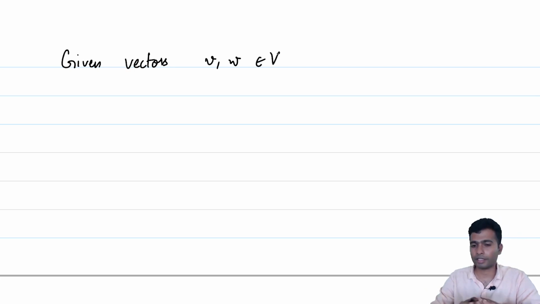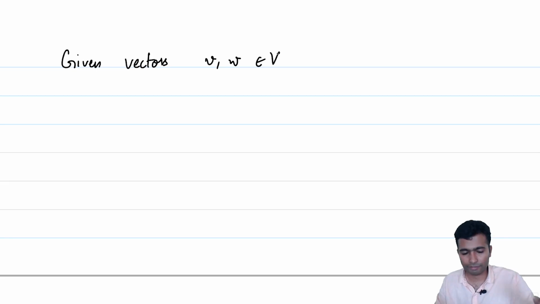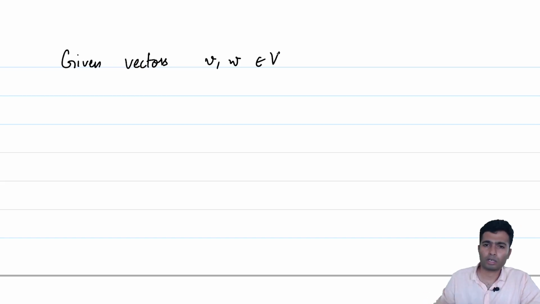V is an inner product space, so I will stop writing that. All these results can be said over real or complex inner product spaces. All through this lecture, V is always going to be an inner product space.